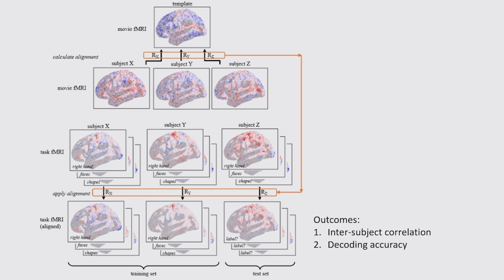Now, if functional alignment is doing anything useful, we're going to see that the alignment between subjects is better after the functional alignment as compared to before. And you can measure this in a couple of ways. One of the ways would be looking at the inter-subject correlation. The other way would be looking at classification accuracy, training some sort of decoder or task classifier on the data in the bottom.